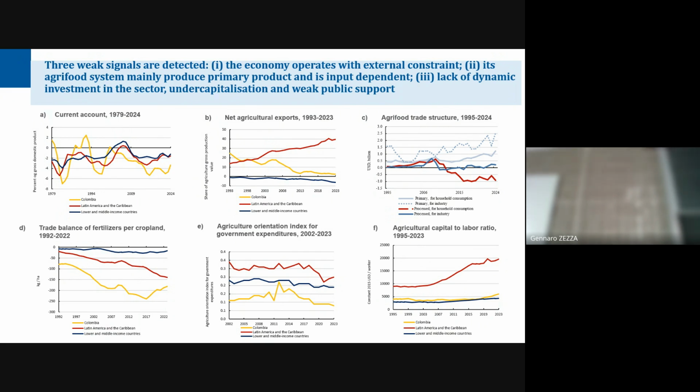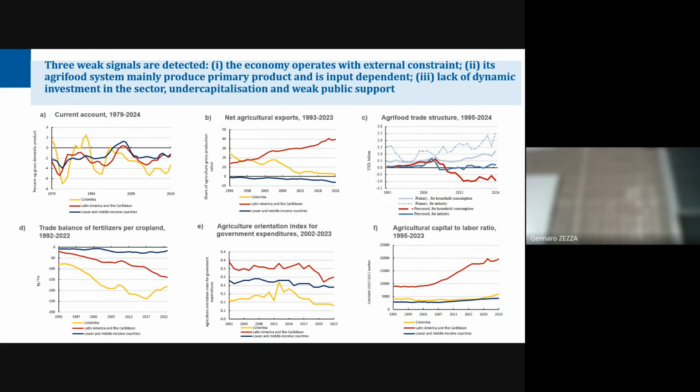And apart from that, we see a current trajectory where the government has taken a low and progressively lesser role in investing in the agri-food system. Here, I want to show the agricultural orientation index for government expenditure, which is calculated by FAO, and it's basically a measure of how much the government is investing in the sector given the size of the sector.